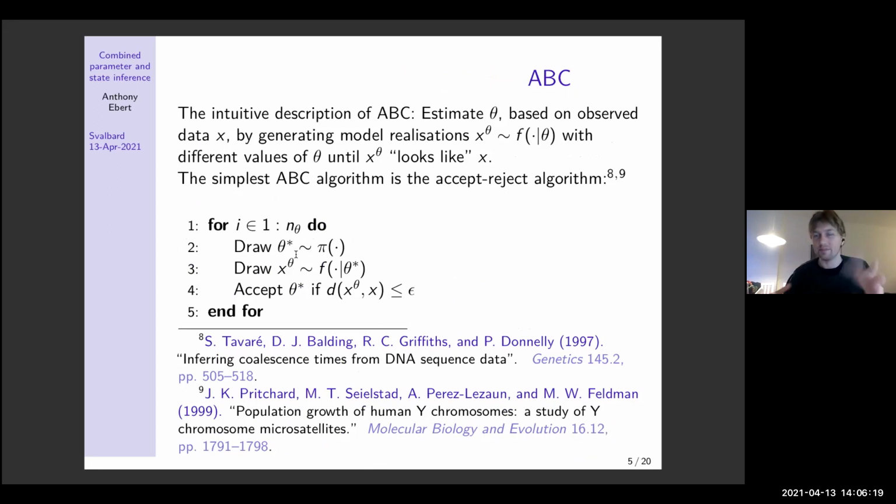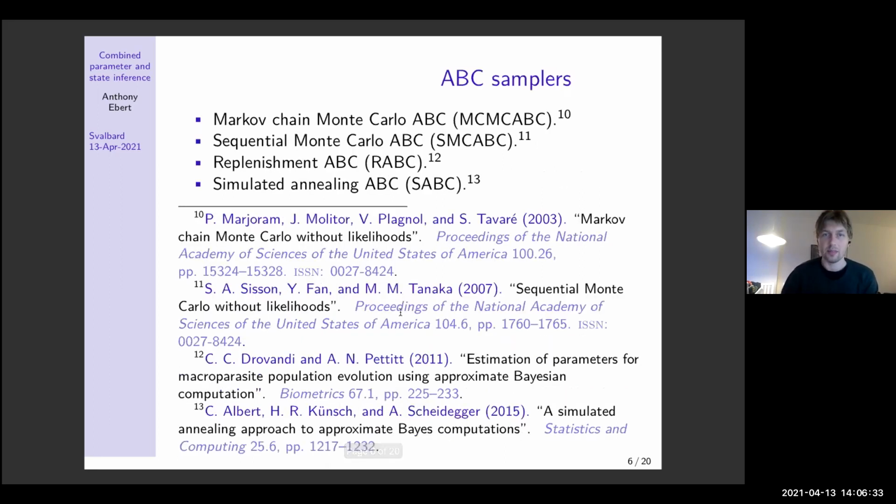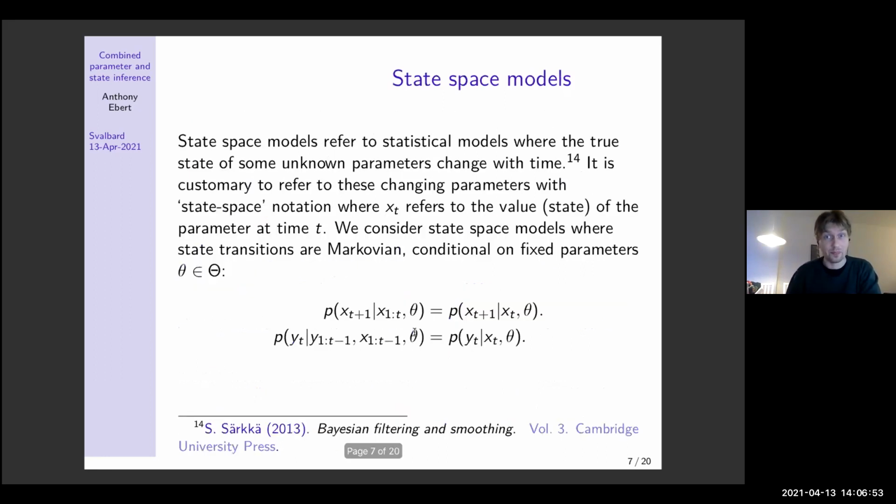Drawing parameters and accepting those where the distance is below some threshold is the most straightforward and intuitive version of ABC. And there's a whole bunch of ABC samplers, as we know, and these mirror the samplers that exist in likelihood-based inference. So it's Markov chain Monte Carlo ABC, sequential Monte Carlo ABC, replenishment ABC, simulated annealing ABC, etc., etc.